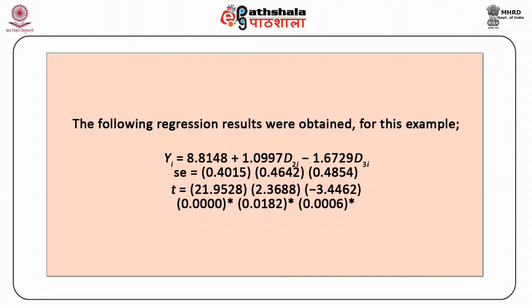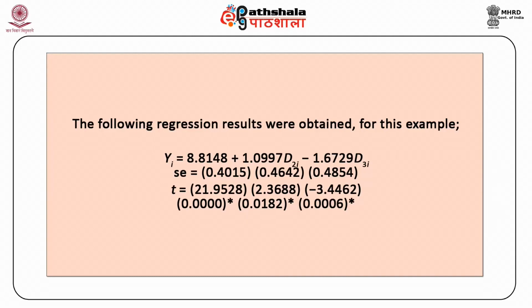Hence, the benchmark category is unmarried non-South residents, that is, unmarried persons who do not live in the South are the category that has not been included. Hence, this category serves as the basis for all the comparisons.